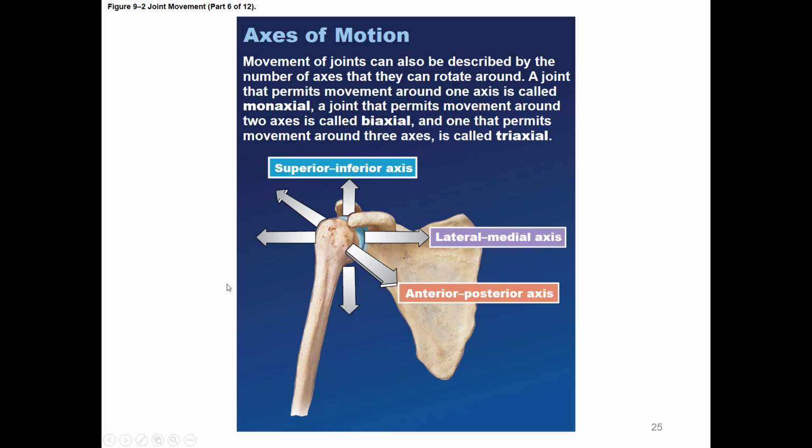Again, a joint that permits movement around one axis is called monaxial, like the elbow. A joint that permits movement around two axes is called biaxial, like the wrist. And three would be triaxial, like the shoulder.